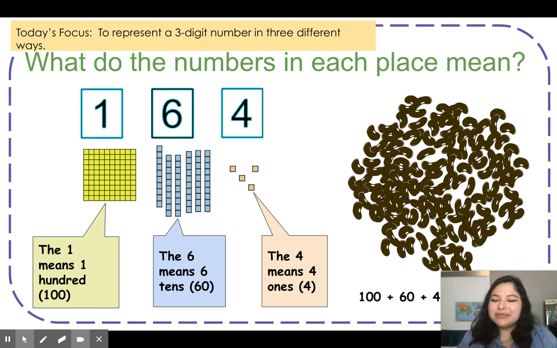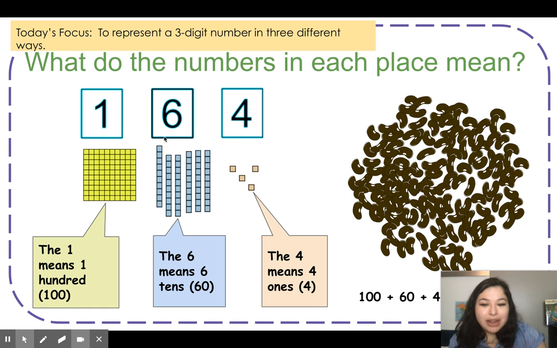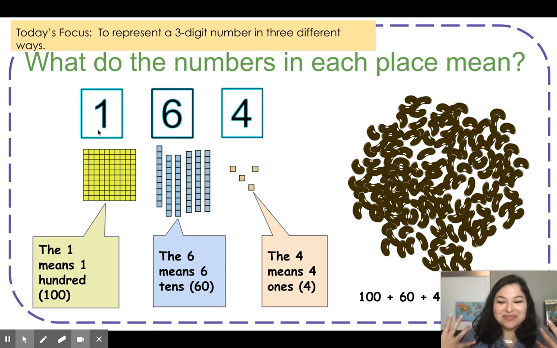All right, so as we can see in this example, 164, we're going to see what each number in each place means. Let's start off with the 1. It's in the hundreds place, so one of those means that it's 100.